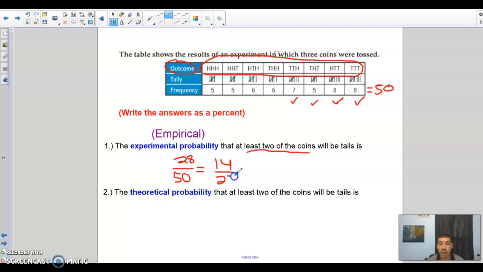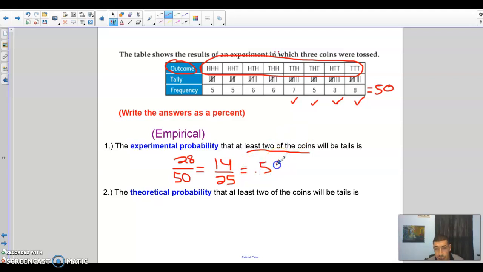14 over 25. Now, if we read the question again, it does tell us to write the answer as a percent. So to get the final answer, you would pick up a calculator and do 14 divided by 25, which gives you 0.56.